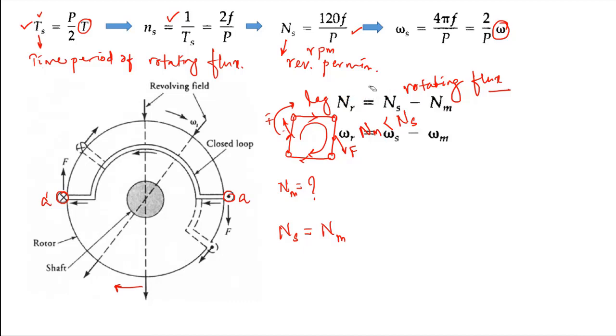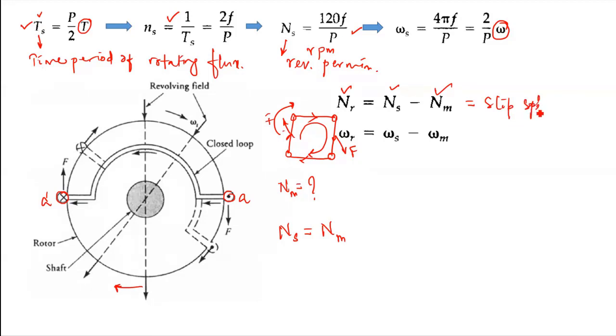So if nm is the speed of the rotor where the coil is placed, and ns is the speed of the revolving magnetic field, then I can say that the relative speed between the rotating flux and the rotor will be ns minus nm, and this is known as slip speed.